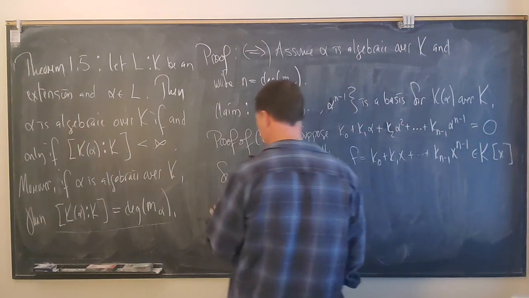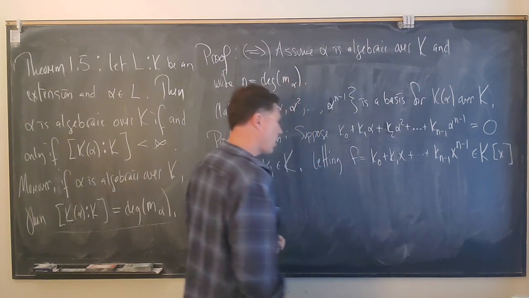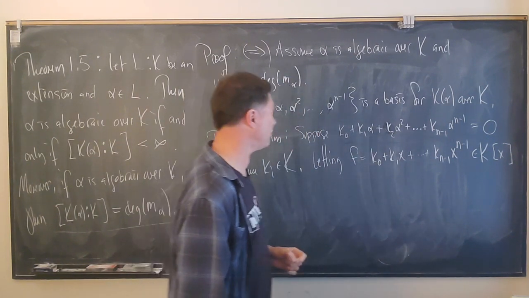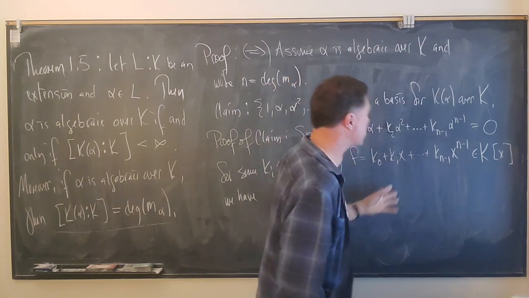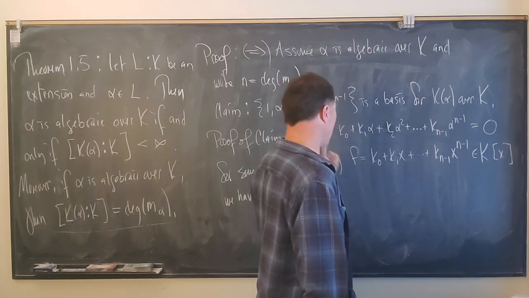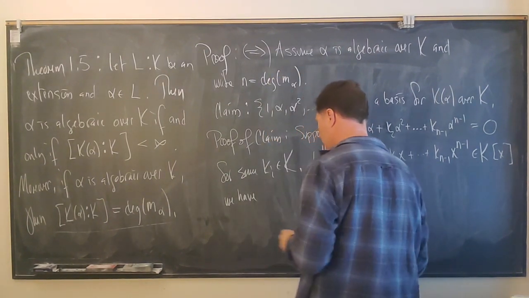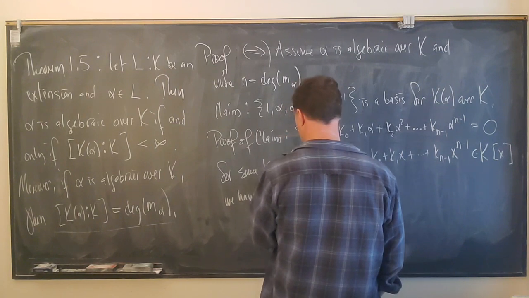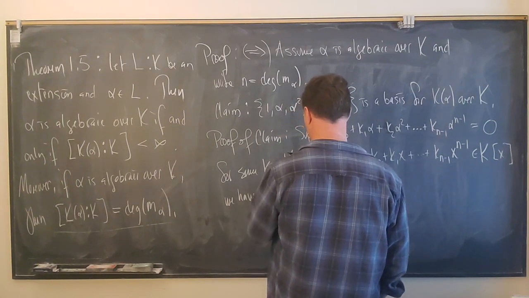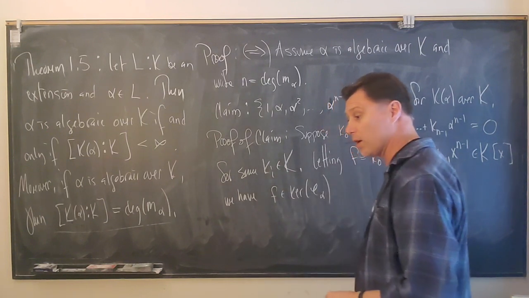We know that when you plug alpha into this polynomial, f of alpha is equal to 0, which means that f lies in the kernel of the evaluation map. So f is an element of the kernel of the evaluation map, E sub alpha.